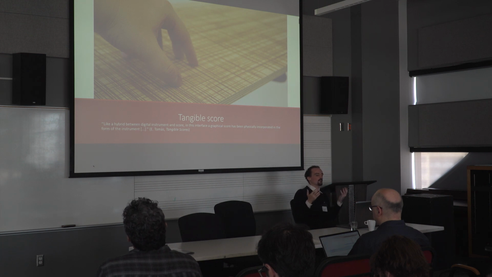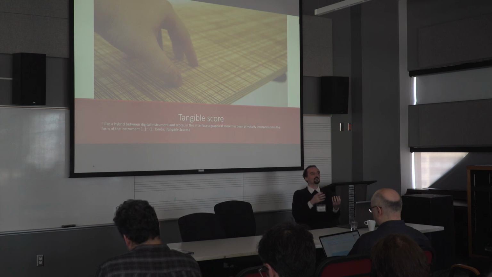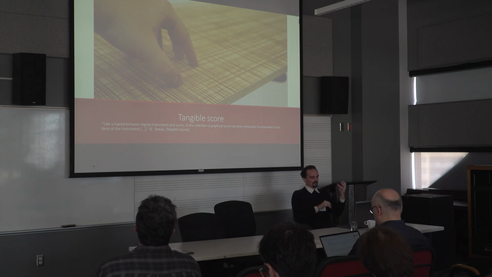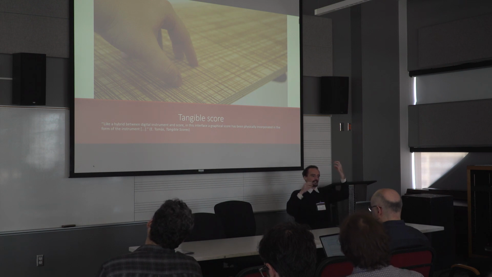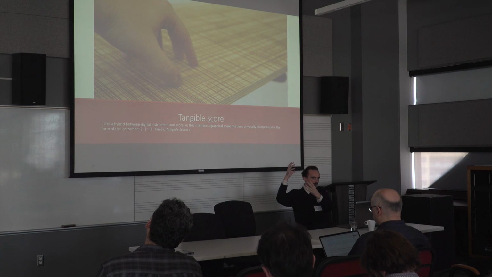In the case of augmented reality, we don't have anything physically tangible, but still you have a kind of physical interaction between different virtual bodies. And the form of the instrument you're going to play is also the way you have to play it in order to obtain a particular result.